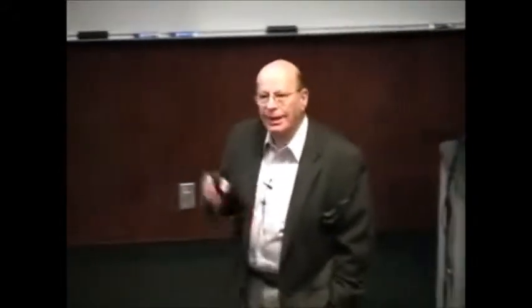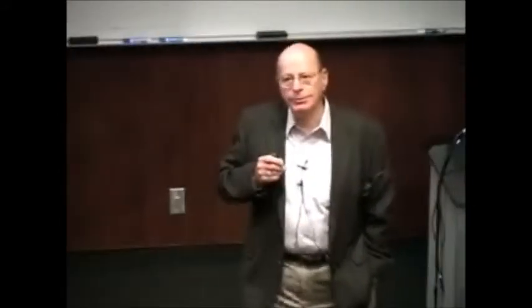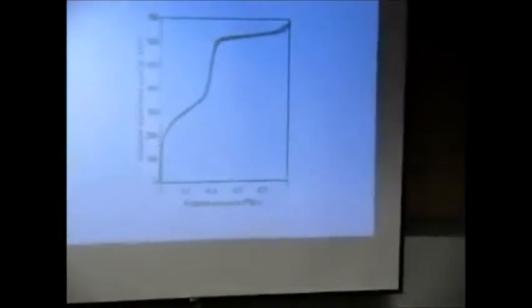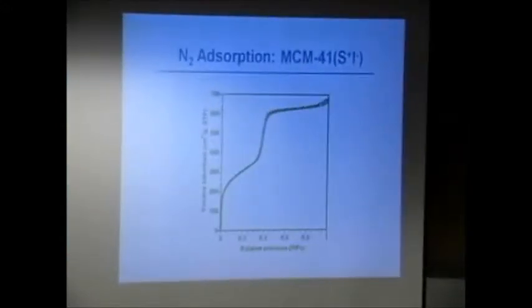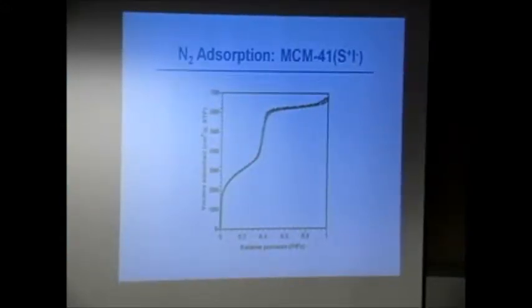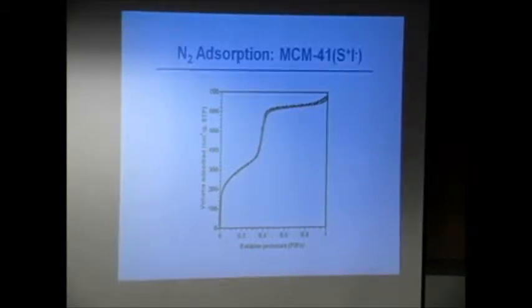So you see the regularity of the pore network in the diffraction pattern, and you see the uniformity of the pore size in the nitrogen adsorption isotherm. And so what we're plotting here is nitrogen uptake as a function of the partial pressure of nitrogen at the boiling point of nitrogen. So if we had 1 atmosphere pressure in contact with the vessel in which this measurement is being carried out, you would fill the vessel with liquid nitrogen.